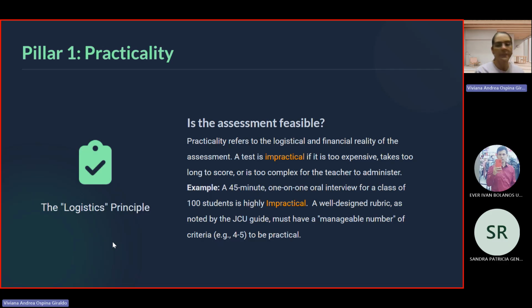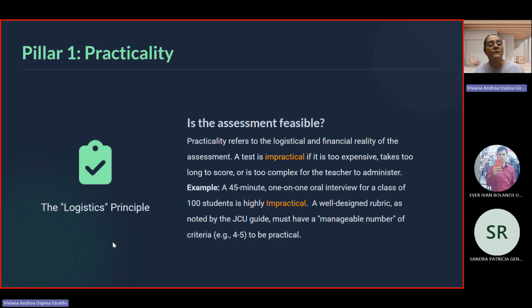Is it going to help me check if my students are learning? Because the assessment is basically to check how my students are doing. I know and I understand that we need to grade our students, but that's not the essence. The essence is to make sure they are learning, how this process is moving along.